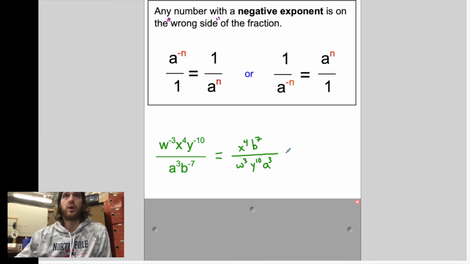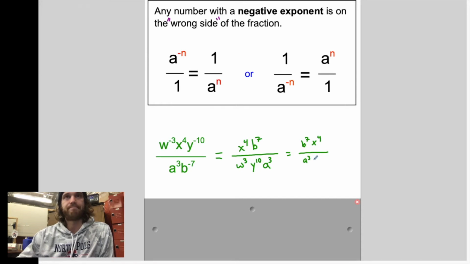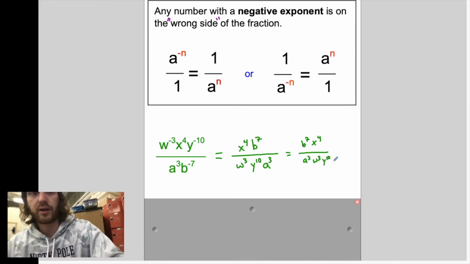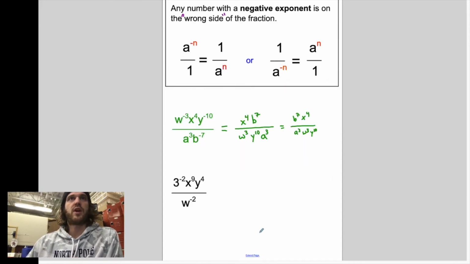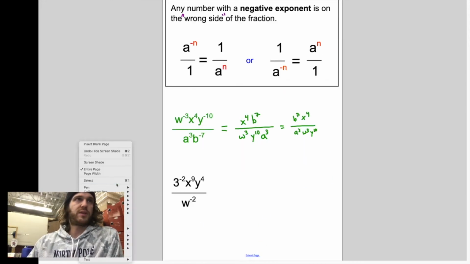If you wanted to alphabetize the numerator and the denominator, that is a common practice in the math world. I think a comes before w. Let's do that. A to the third, w to the third, and y to the 10th. Great. We are cruising right along. Let's do some more. Feel free to pause the video and give this one a try if you want. I'm going to go over it momentarily.